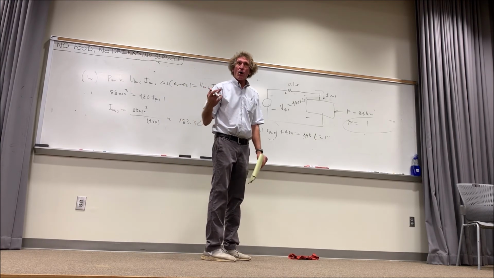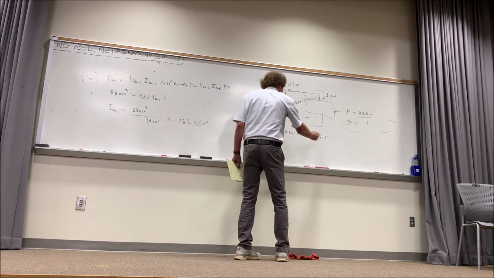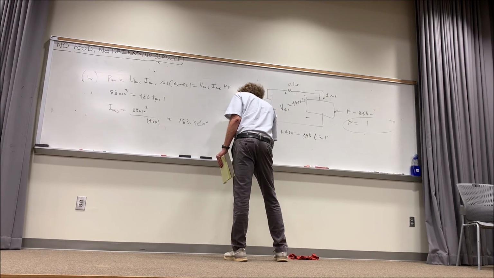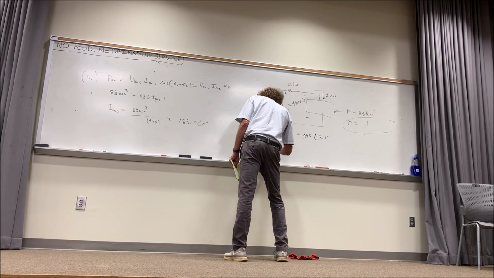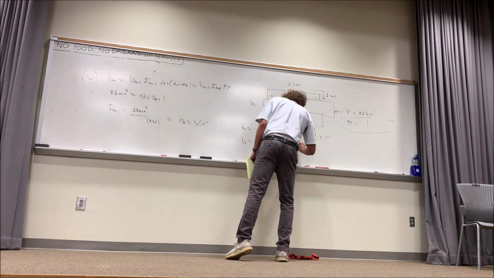All right, now our new voltage, instead of being 498, the voltage at the source would be 0.1 times that, 183 at an angle of 0 degrees, plus 480. What do you get for that?